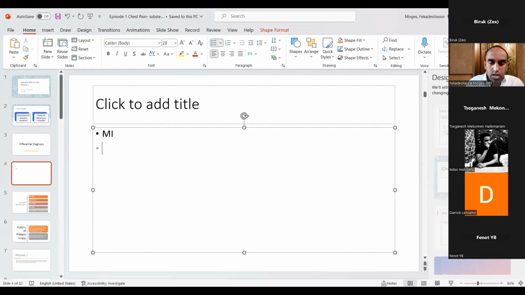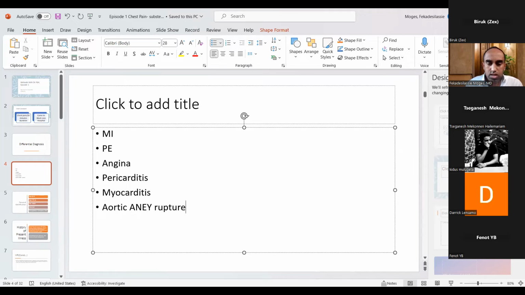Pulmonary embolism, acute MI, okay. Angina, pericarditis, okay, what else? Myocarditis. Aortic aneurysm rupture.